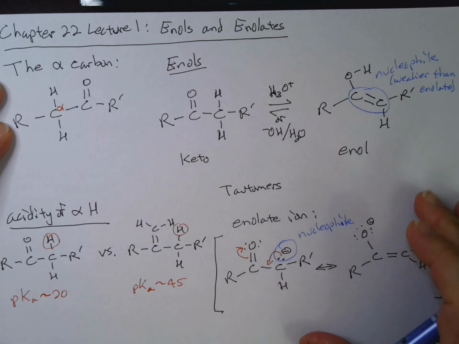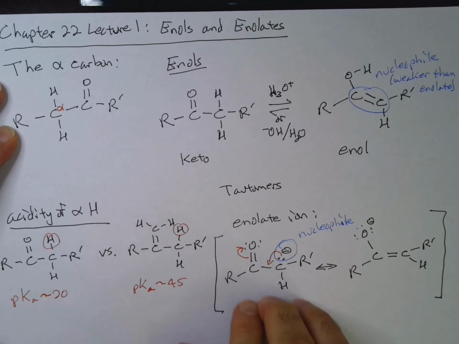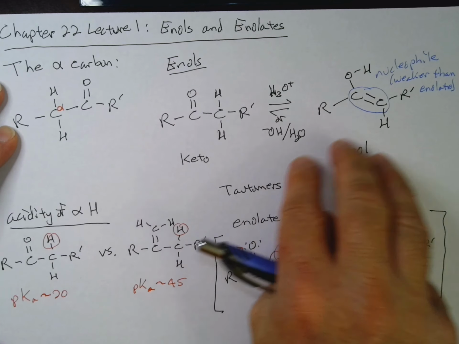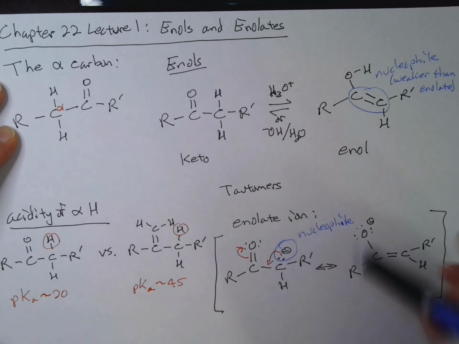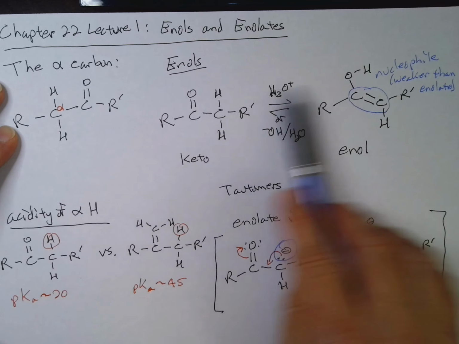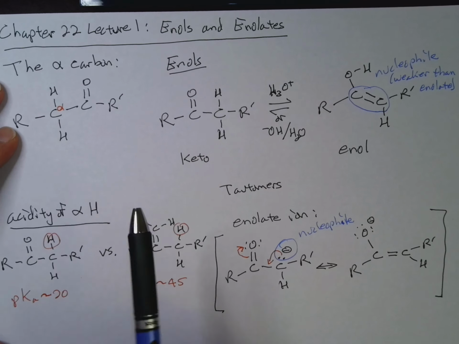Depending on what we're dealing with, we may have reactions involving the formation of an enolate, or reactions involving the formation of an enol. Typically, when we're in acidic conditions, we'll go via an enol type reaction. The enolate is only formed if we have a strong base.